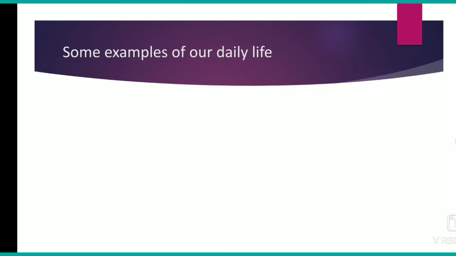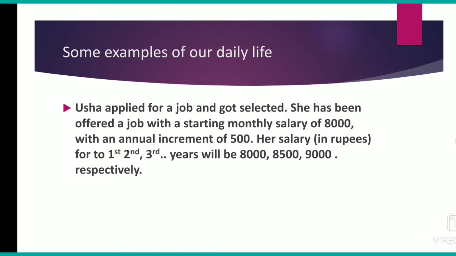Now some examples from our daily life. I am taking a job holder situation. Usha applied for a job and got selected. She has been offered a job with a starting monthly salary of 8,000 with an annual increment of 500.